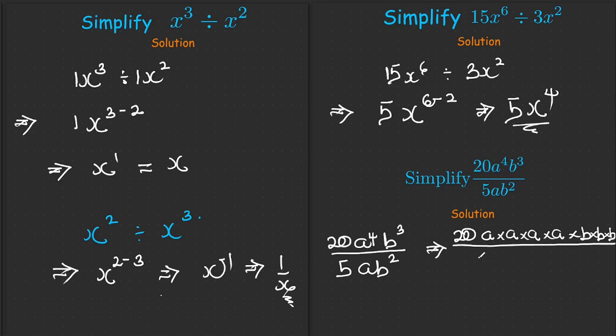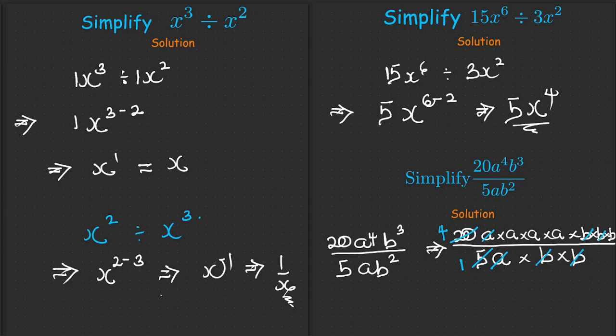Now we have the denominator being 5ab squared, and b squared simply means b times b. So if you have it this way, you can just choose to cancel out. By so, we mean this 5 divides itself once, but then it divides 20 how many times? 4 times. You have this a canceling out this a. You have this b canceling out this b. This b also divides this b.